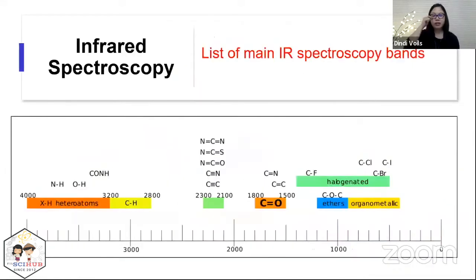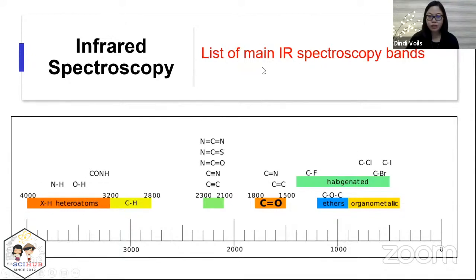Just like what Dr. Brunquin said, based on the bond polarity and Lewis structure, the bands of these types of bonds will show at different frequency numbers.